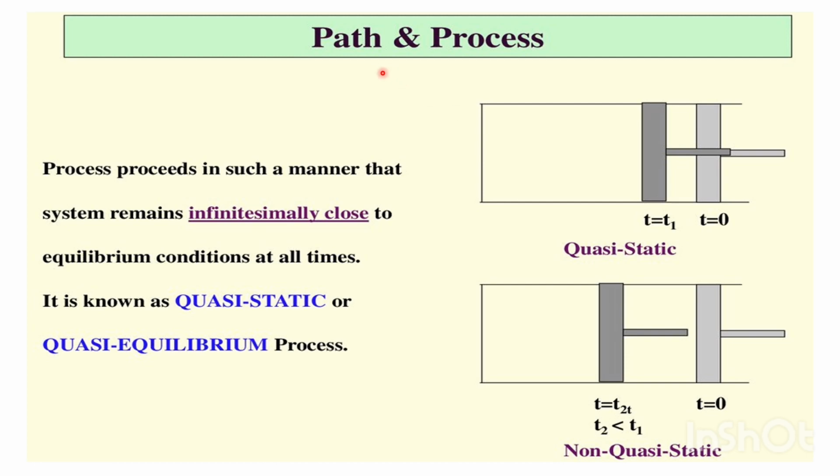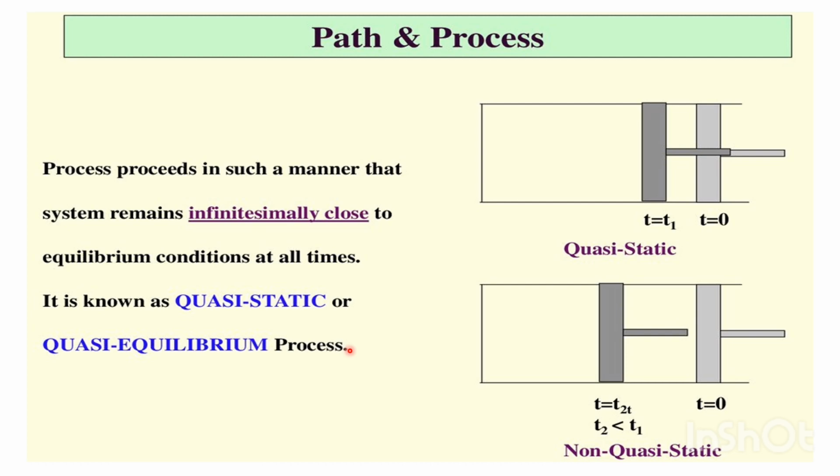Next we are going to study the quasi-static process. It is also called the quasi-equilibrium process. When a process proceeds in such a manner that the system remains infinitesimally close to an equilibrium state at all times, it is known as a quasi-static or quasi-equilibrium process.